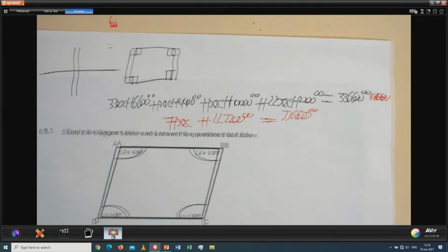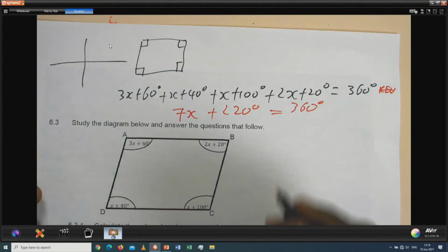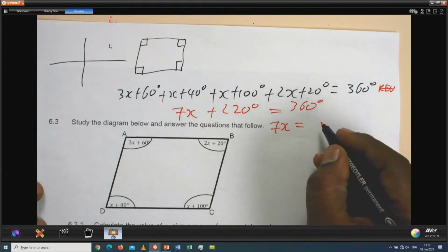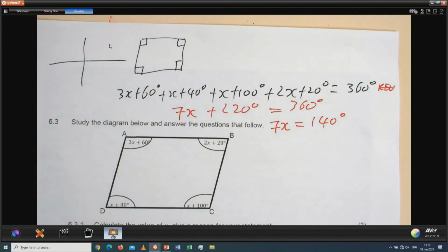But remember, the properties are assisting you to solve this. Therefore, 7x equals 140 degrees.